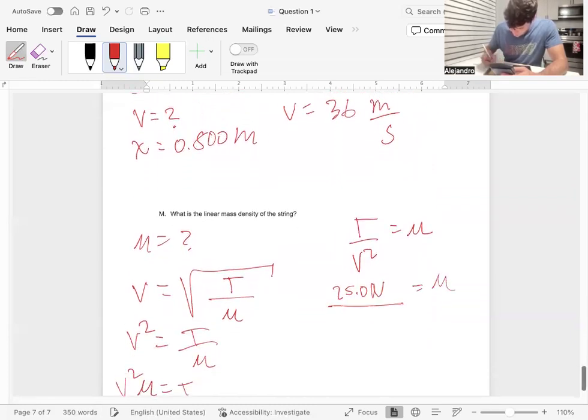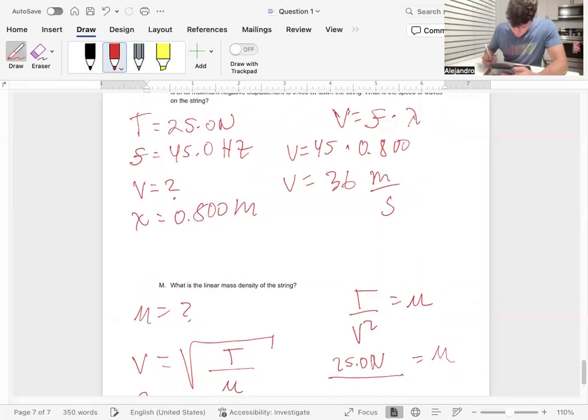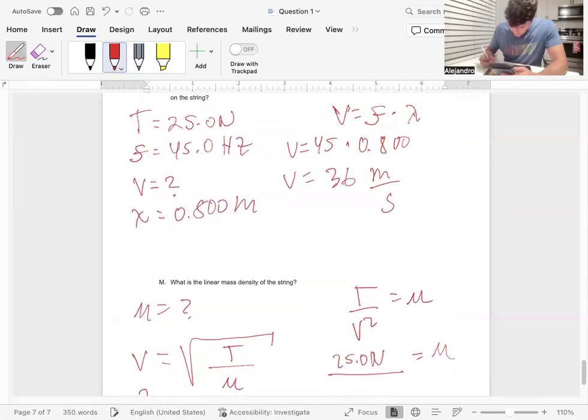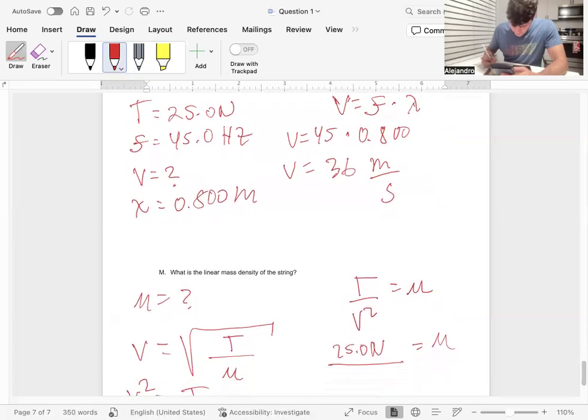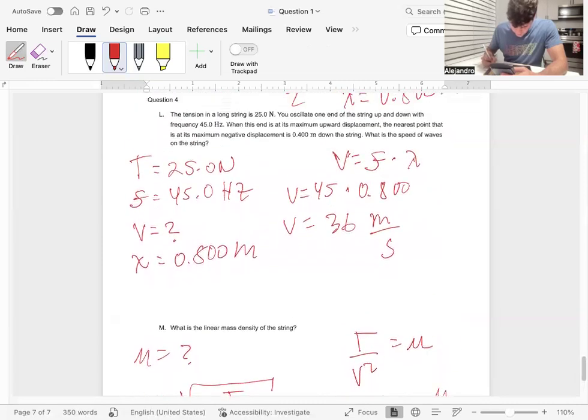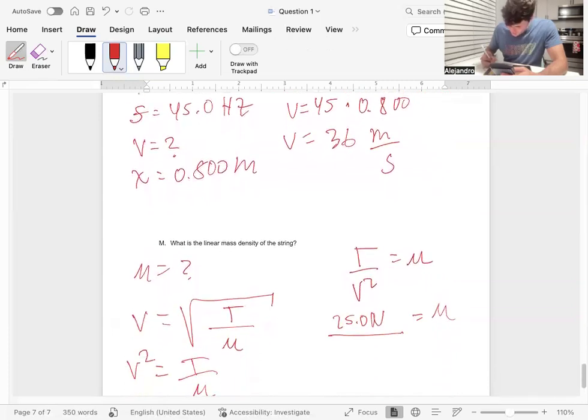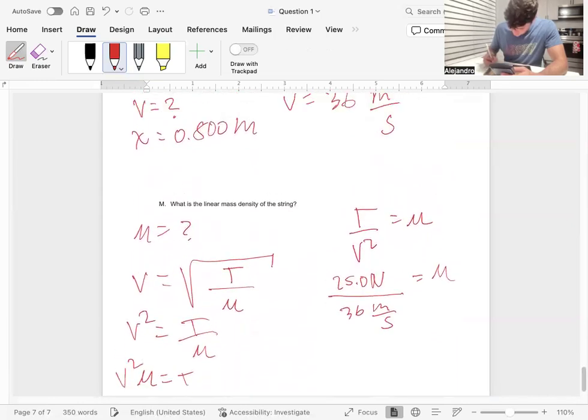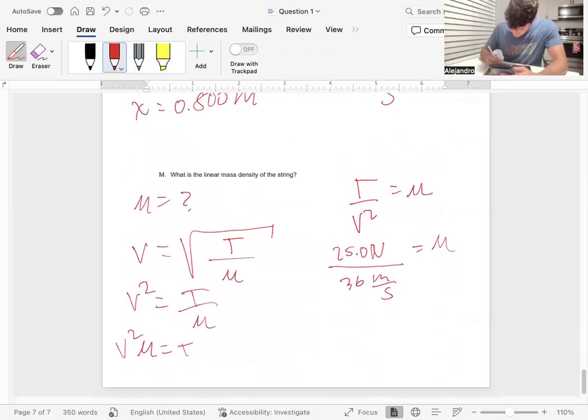We have a speed, which is 36 meters per second, squared.